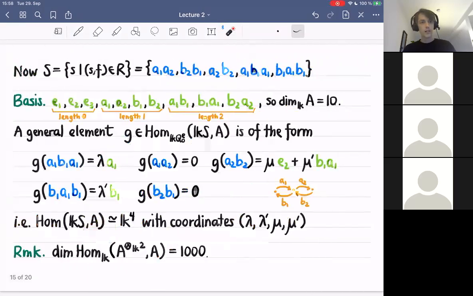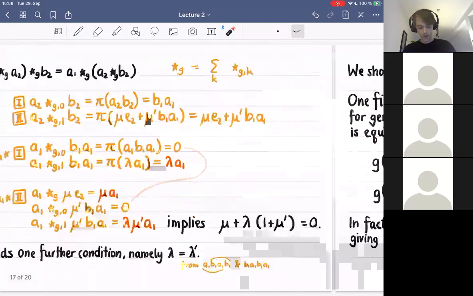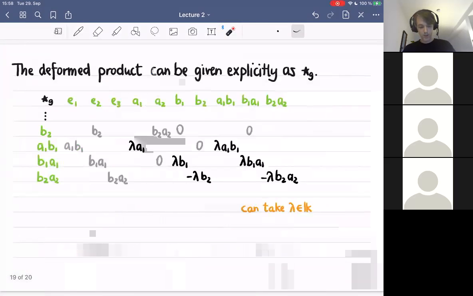Okay, in the last two minutes, let me summarize. Maybe I can say again that the star product is now an explicit expression, which you can write down as a multiplication table if you like. Here, B2 star E1 is 0.